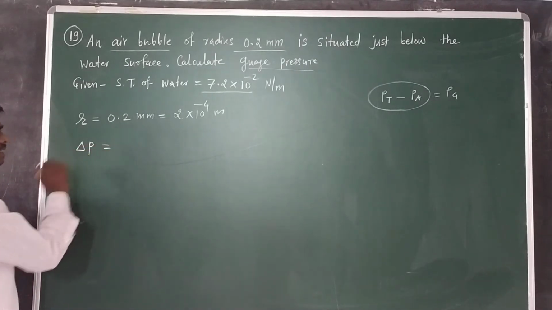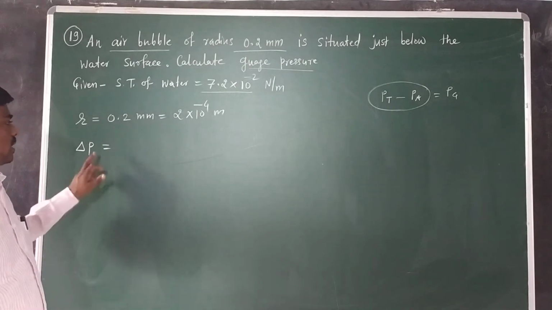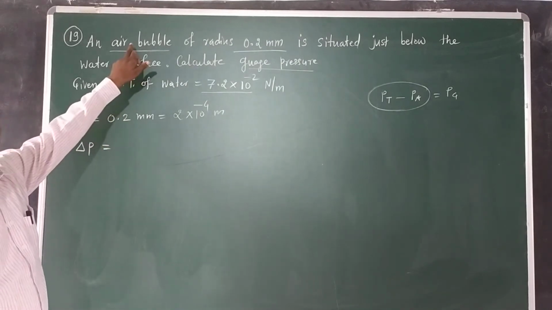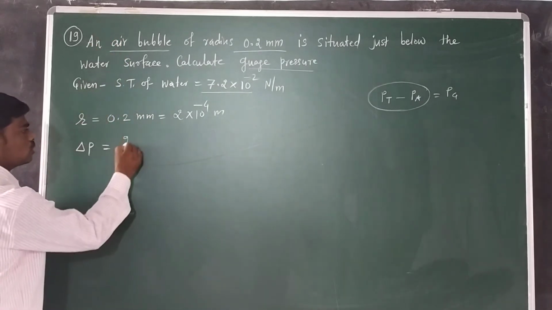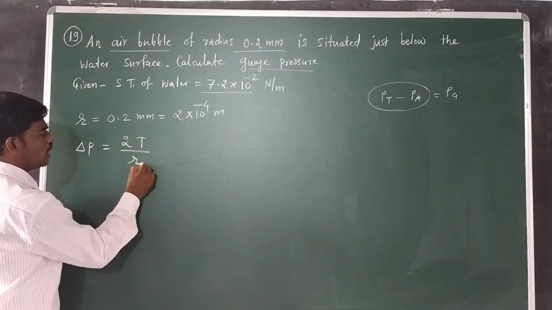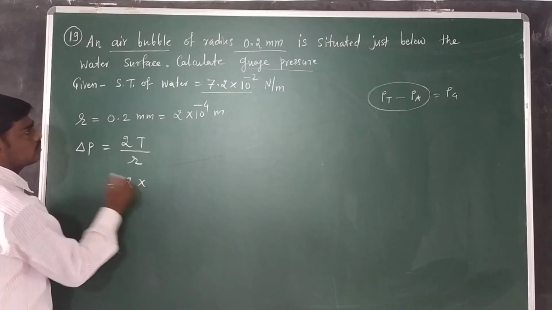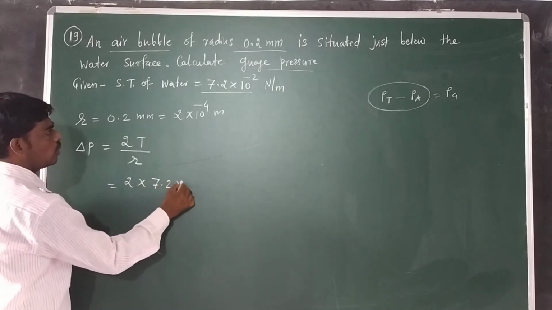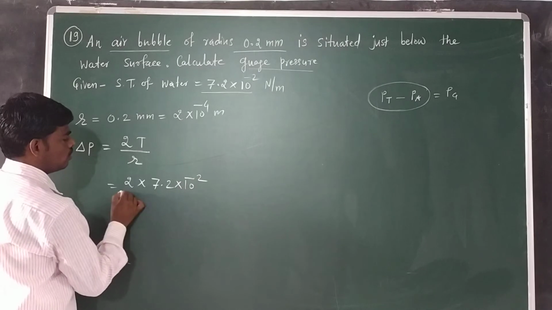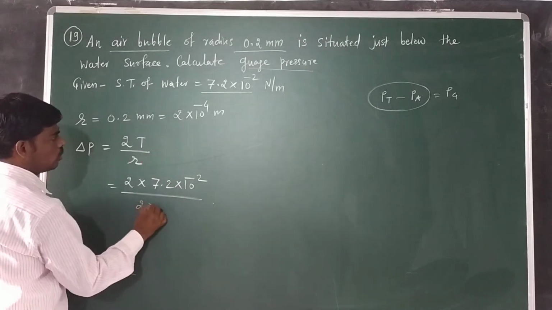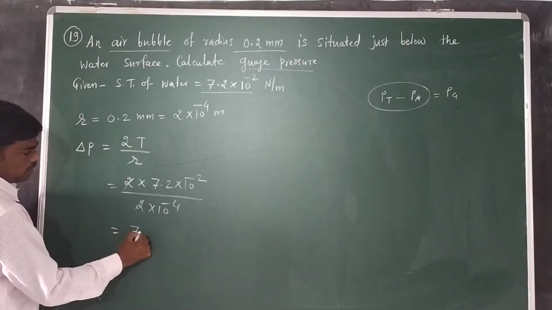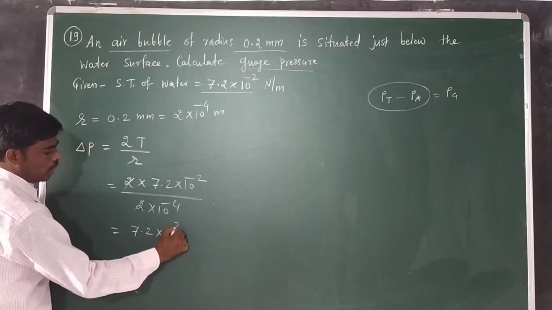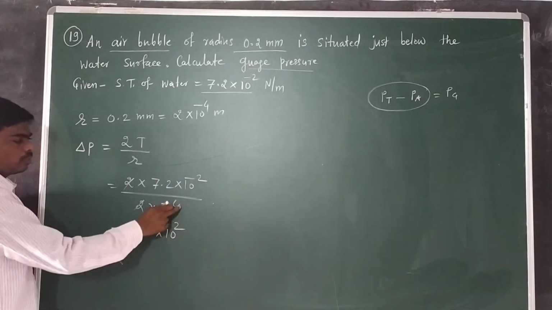So what is formula for excess pressure? Excess pressure of liquid drop. Remember, excess pressure of liquid drop. It is 2T upon R. T is 7.2 into 10 raised to power minus 2 and R is 2 into 10 raised to power minus 4. 2 cancel. 7.2 into 10 raised to power minus 4, it becomes plus 4.